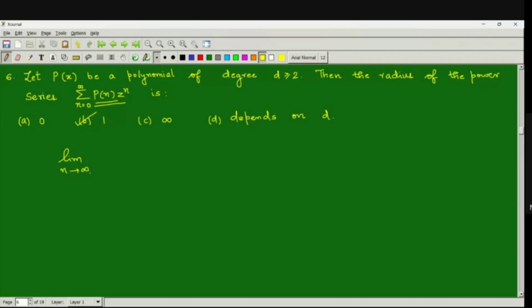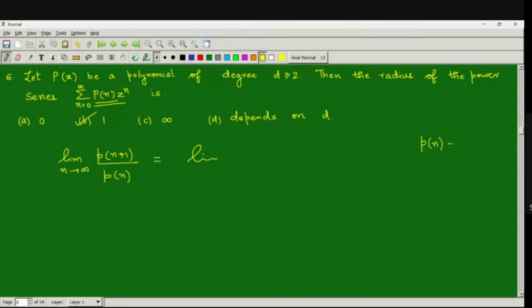Suppose we take an example P(n). Then we calculate the limit as n tends to infinity of a(n+1) by a(n). That is the method. So what will happen?